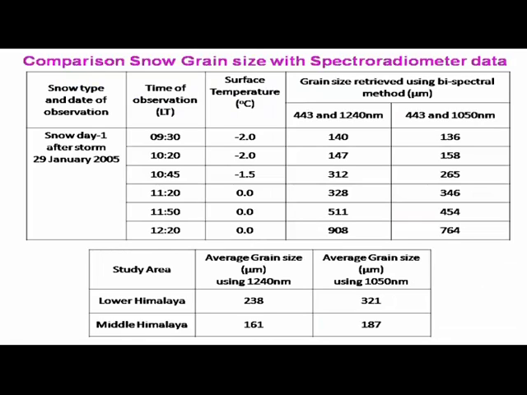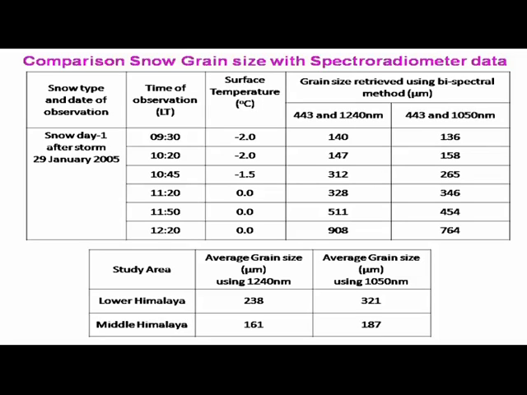So again, using this spectroradiometer data, unfortunately for the same day we don't have the field experiment spectroradiometer data, but we have data from different dates of 2005 in the same lower Himalayan range, and there we found that the conditions were almost similar for the lower Himalaya, where the surface temperature was around -2.